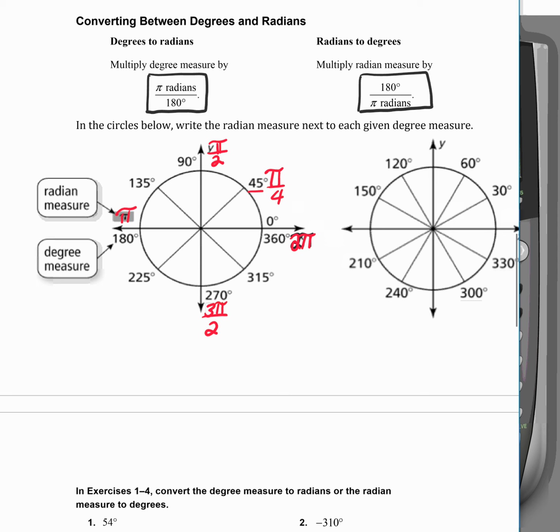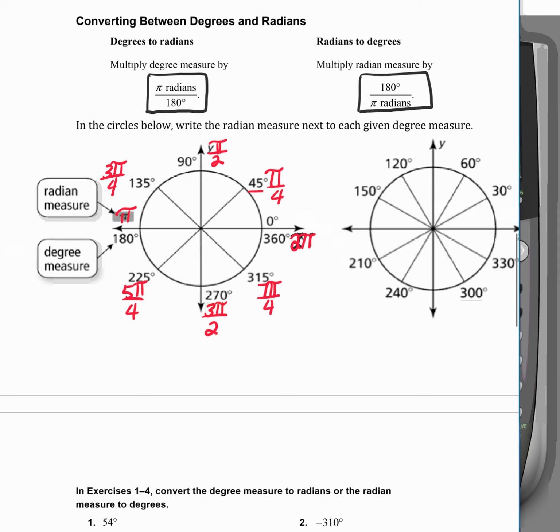Then 3 pi over 4 for 135, 4 pi over 4, which simplifies into pi for 180, 5 pi over 4 for 225, 6 pi over 4 for 270 reduces to 3 pi over 2, and then 7 pi over 4 would be 315.